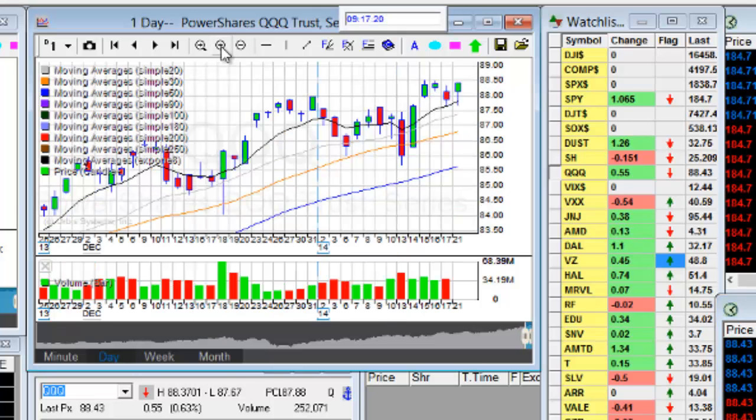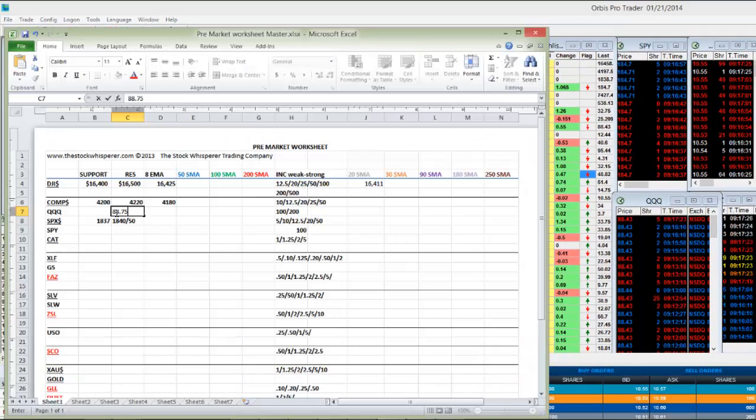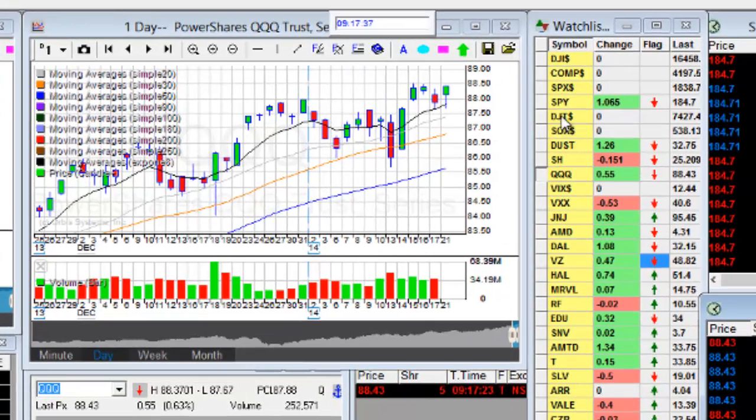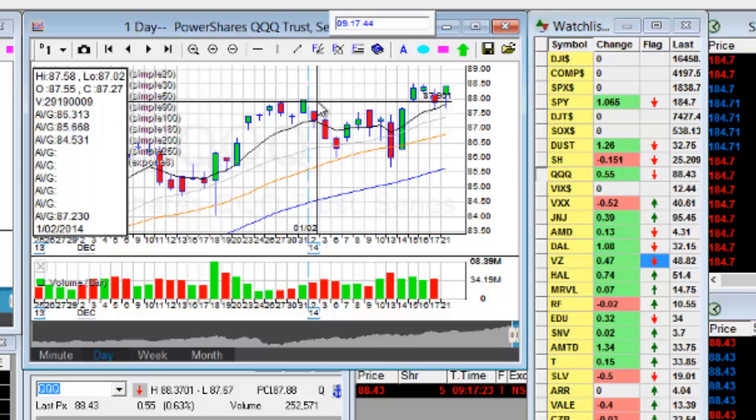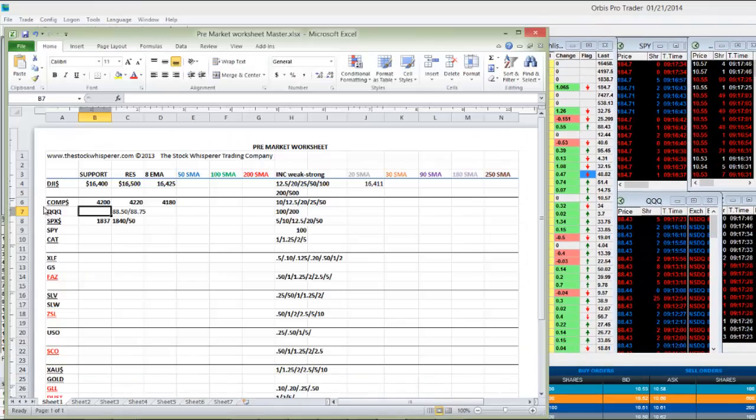But if we zoom in, you're going to see 88.50 first, right? And then 88.75. So I'm going to put that in. All right. And then support, 88, clearly is a major level of support. So if we were to start to come down, you expect a bounce at 88.